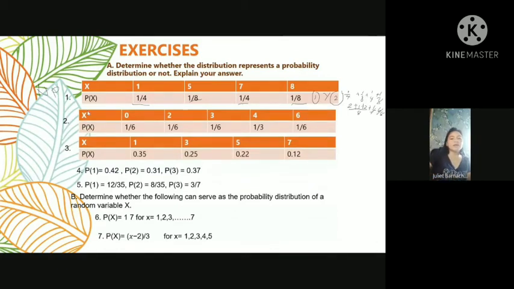Sino yung tumama? Ako po. Okay, si Micaela tumama. Okay, si Reynaldo, okay din. How about the others? Yun lang yung dalawang way to check if it is a probability distribution or not.